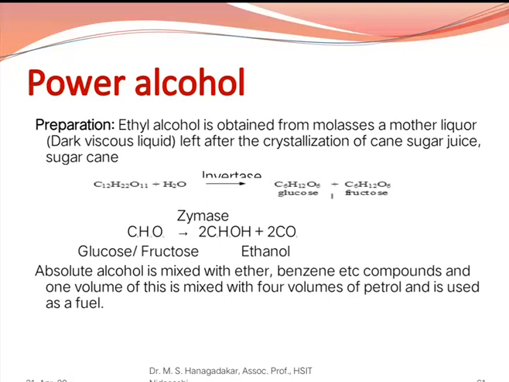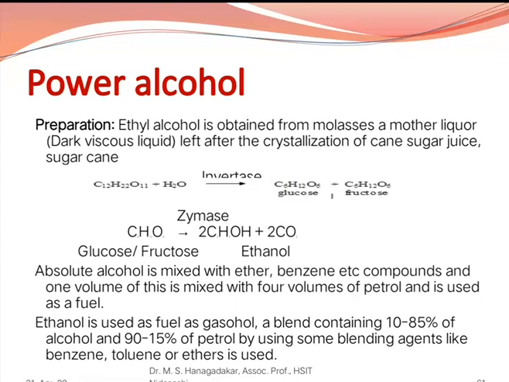Means 1 part of alcohol and 4 parts of petrol are added with some blending agents like ether or benzene or toluene to mix up with the petrol, and is used as the power petrol in the engine.